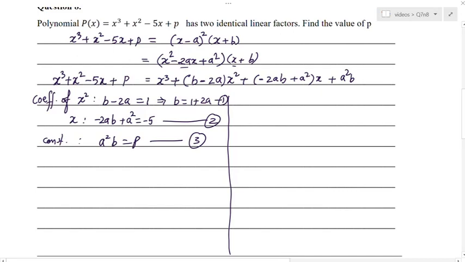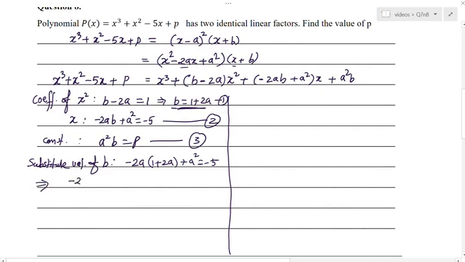So I'm going to substitute the value of b from equation number 1 into equation number 2. Substituting the value of b, what I get is minus 2a times 1 plus 2a, plus a squared, equals minus 5.